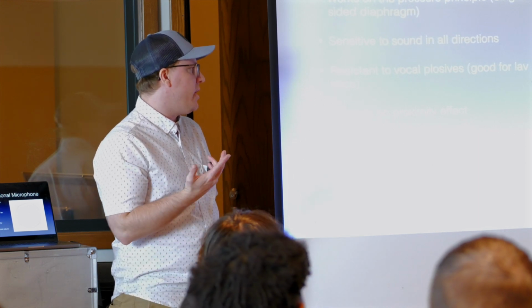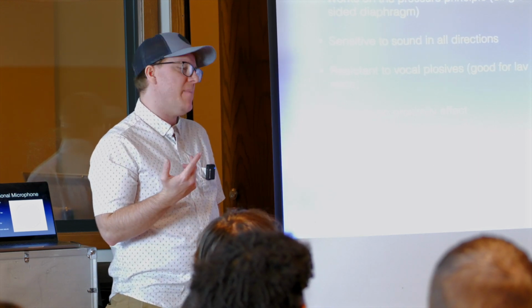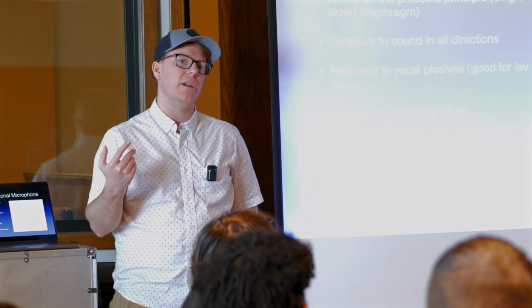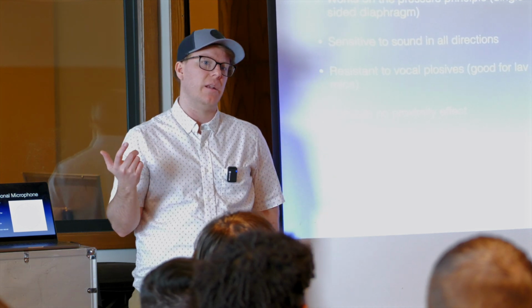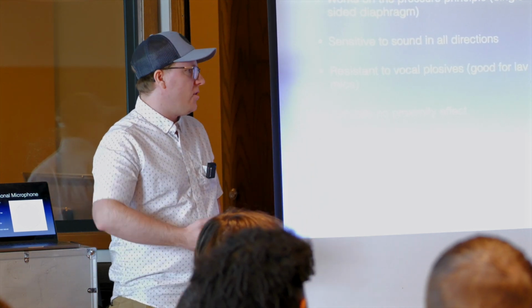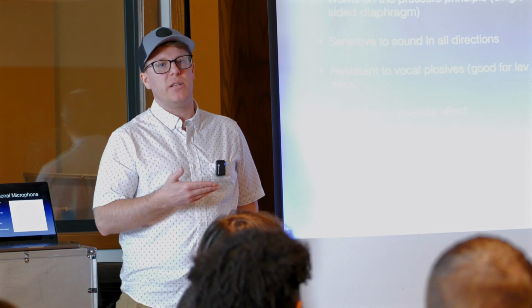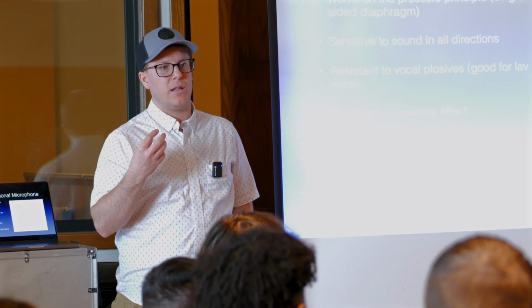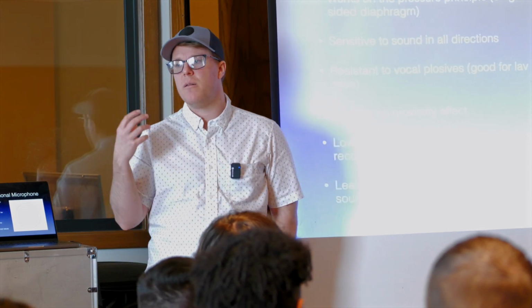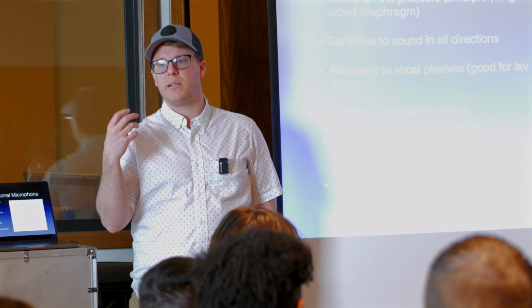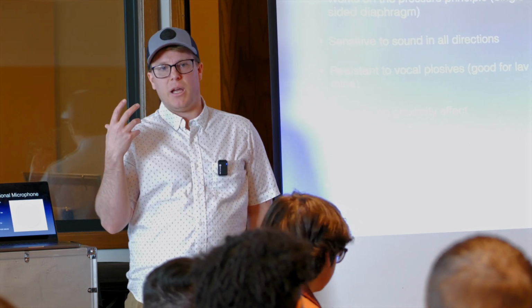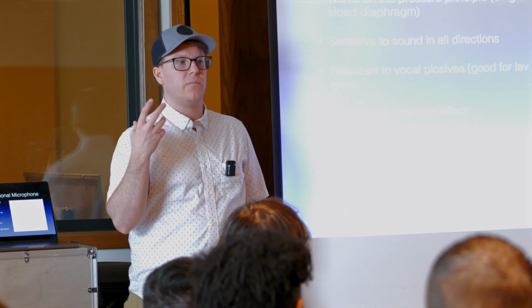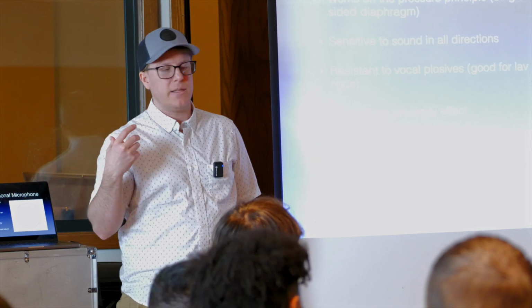They have pretty low gain before feedback, so you're going to see these microphones more in studio application than a live application. They also add the least coloration to the sound, so it's not going to make it any more bright or dark. It's going to give a really good natural sound, so close to what is actually happening.